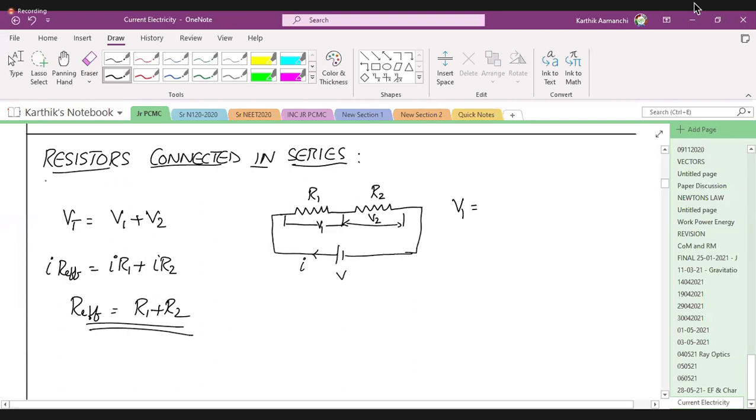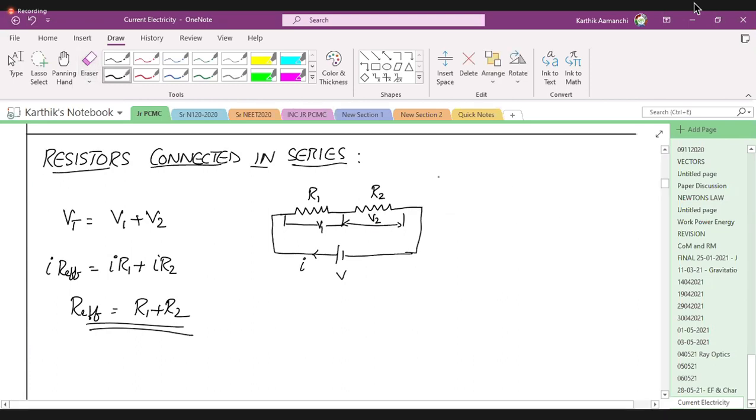Your total potential in terms of R1, R2 and V. R1 divided by R1 plus R2 into V. Capacitors you have done, no?